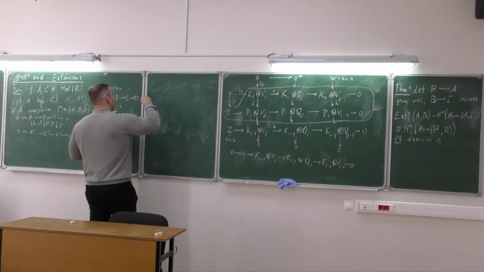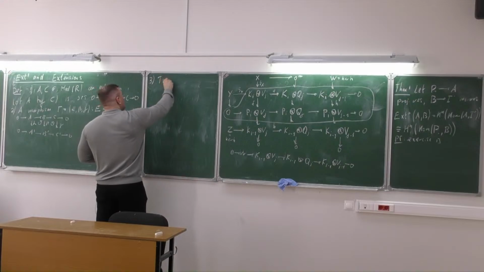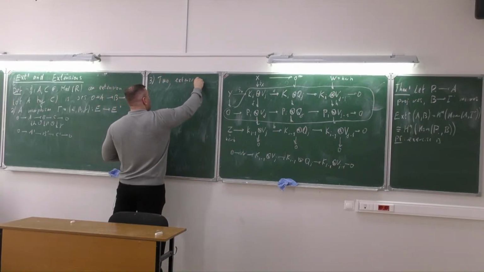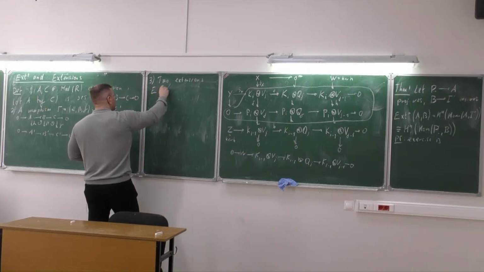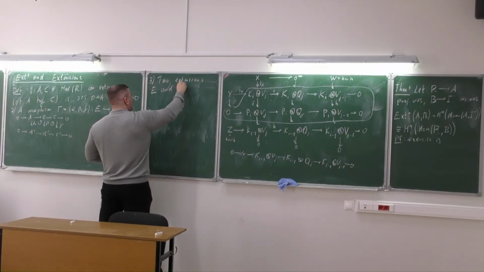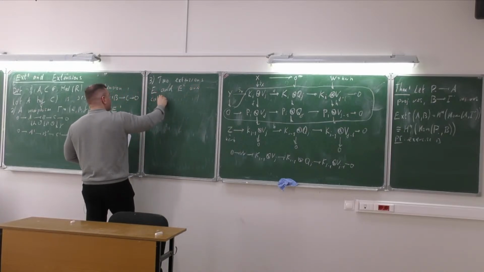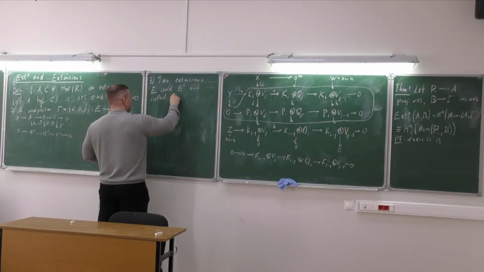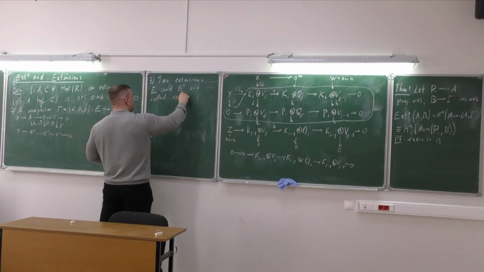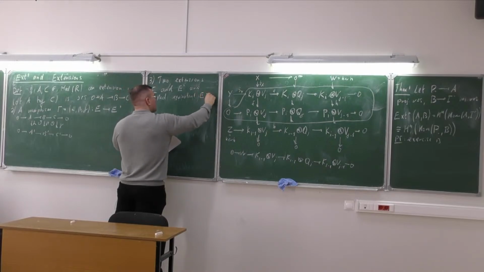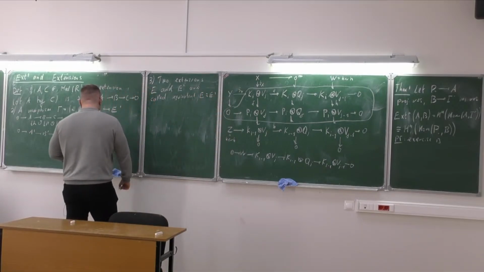Okay, so part 3. Two extensions E and E prime are called equivalent. So notation is the standard one.